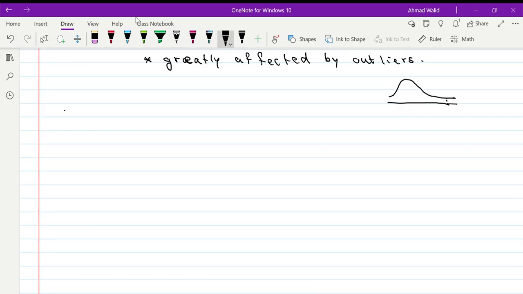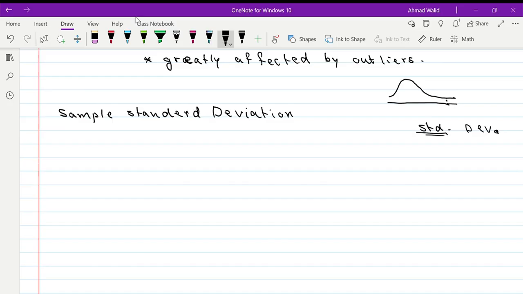I will write here sample standard deviation. After this, I will write STD.